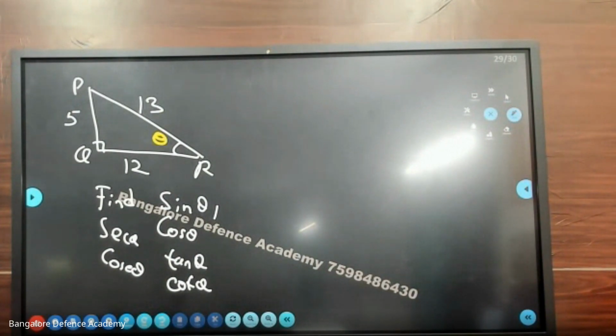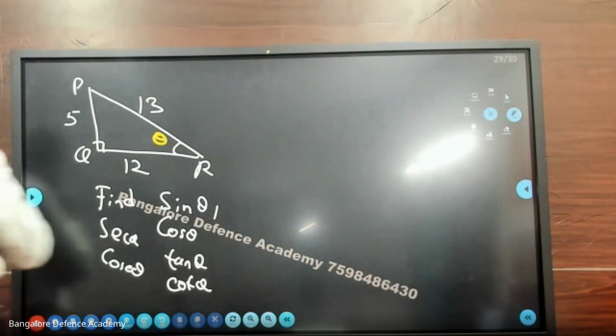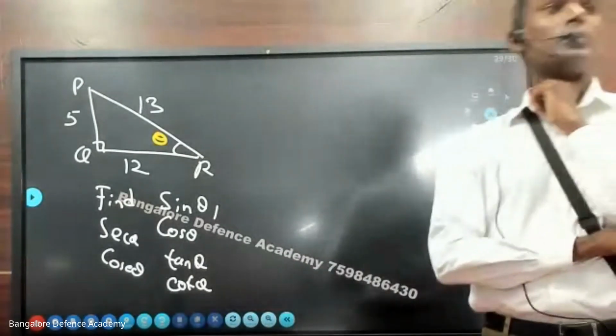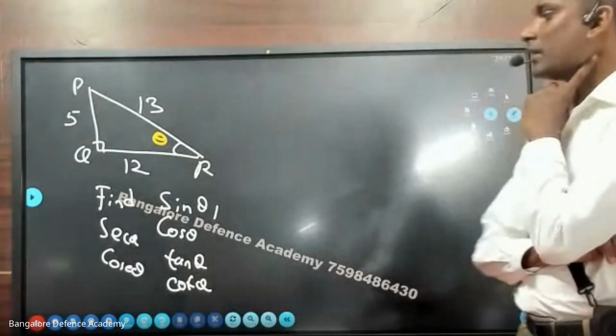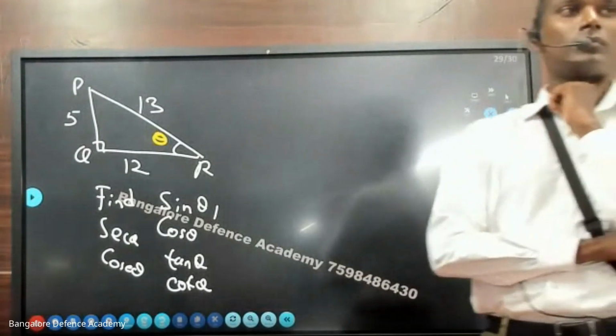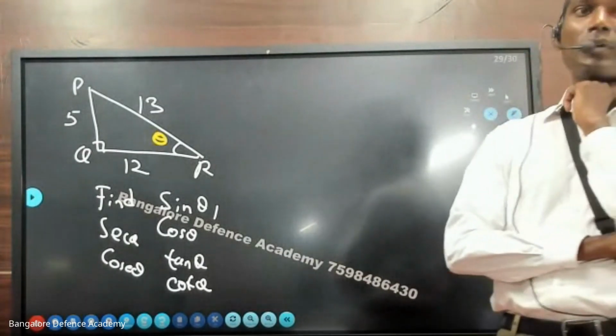Yes, Susindran, Parmesh, Sachin. फटाफट. हाँ, कौन बताएगा? अविरल बताओ. Sin theta कितना मिला? 5/13. Is it right? 5/13. Opposite by hypotenuse.